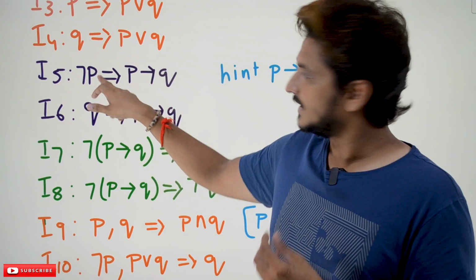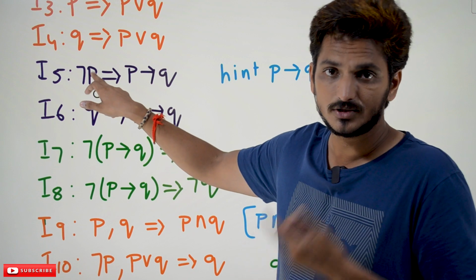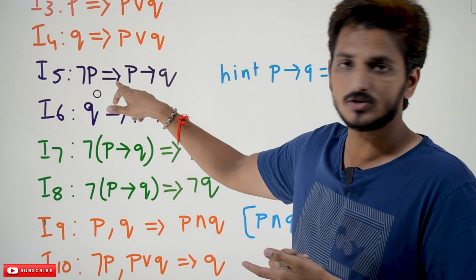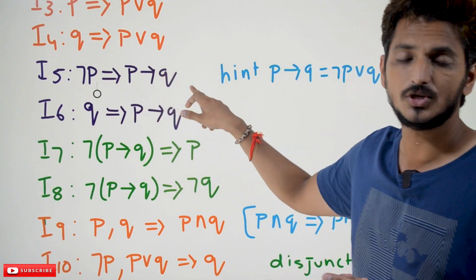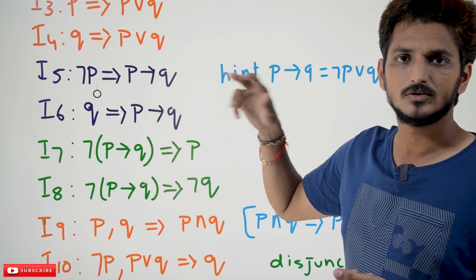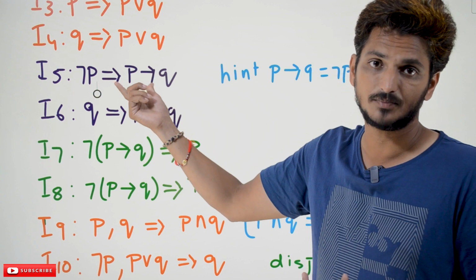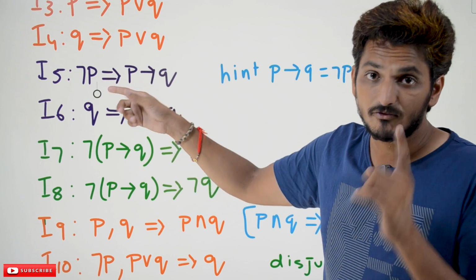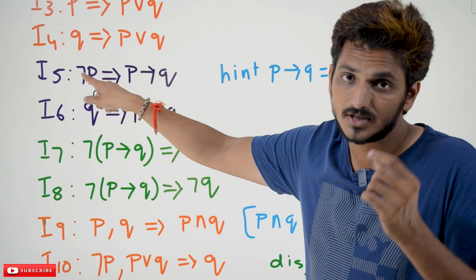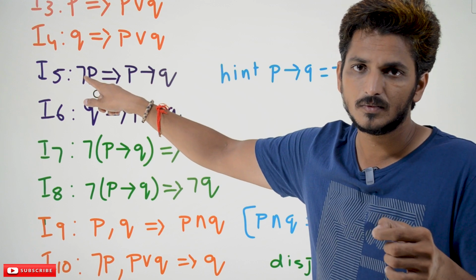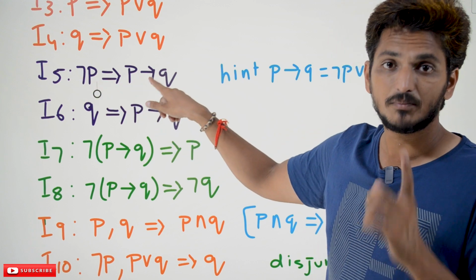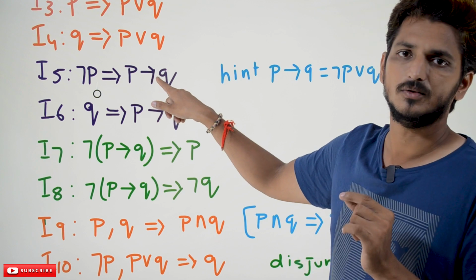If someone says that negation P is true, then this tautologically implies P implies Q. We will give you a hint why this inference formula is accepted. If negation P is a true value, then we can say that P implies Q is going to be a true value. Why?